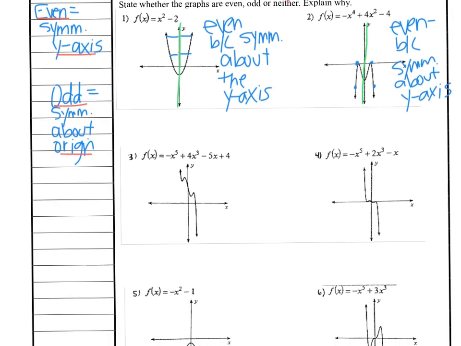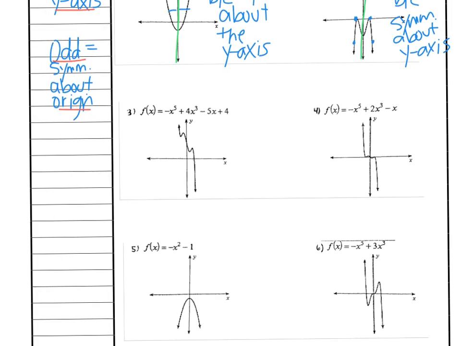Okay, so the next one here, number 3, we want to check. It doesn't look like either, but let's just check. Is it symmetrical about the y-axis? Are those points reflecting or mirroring themselves over the y-axis? No, it's not. And then we have to check to see if it's odd, meaning do these points match up if I were to go, let me erase that point. If I went over and up to that point, if I went over and down to that point over there, do they match up on that graph?